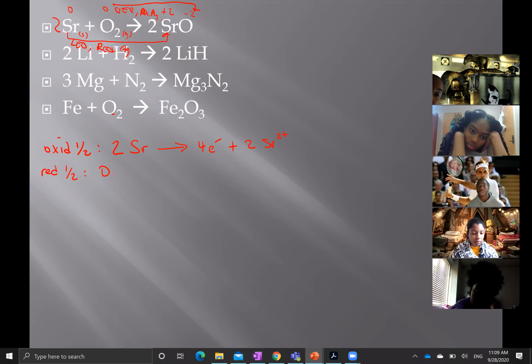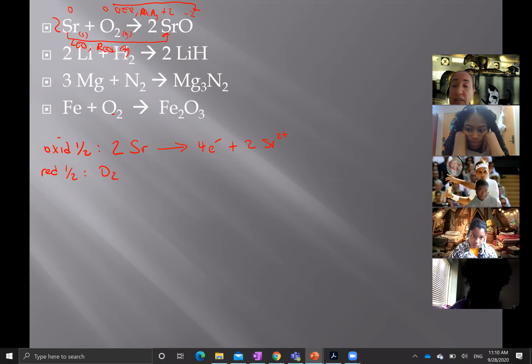O2 plus. O2 negative 2 at the top. Nope. It's not O2 negative 2 at the top. Do you understand why? We're on the left side, and the left side is just oxygen gas.